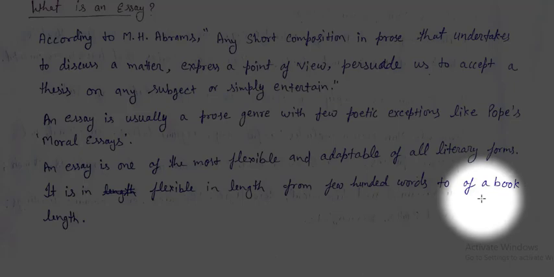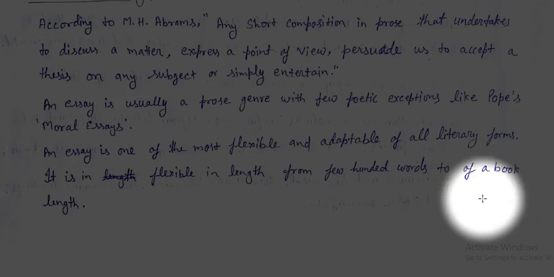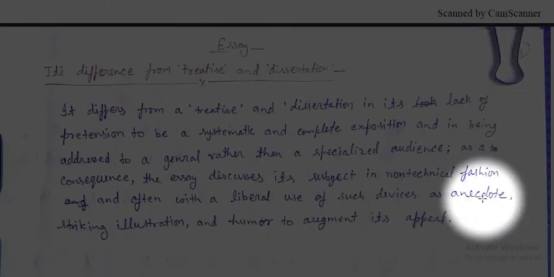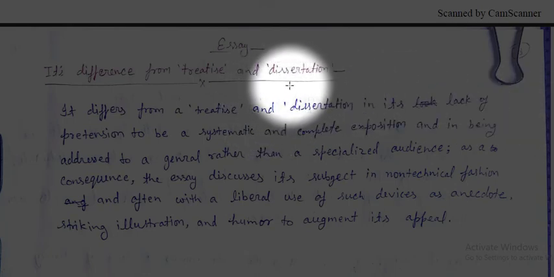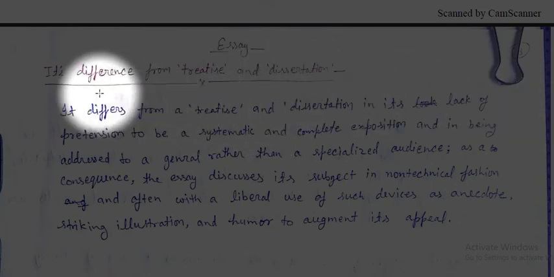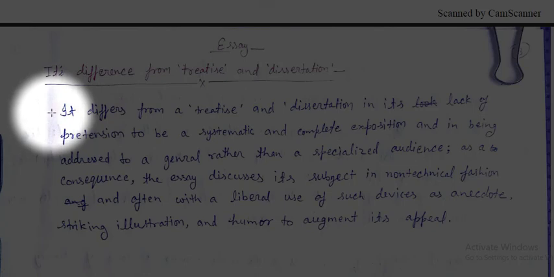Several essays are in book length. Now the second thing: it differs from a treatise and dissertation. So what is the difference between an essay and a treatise and dissertation?